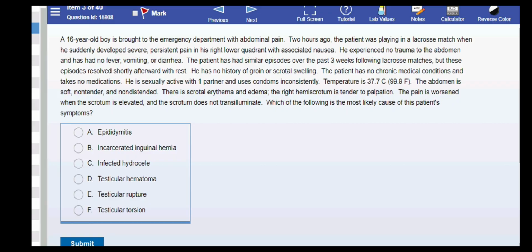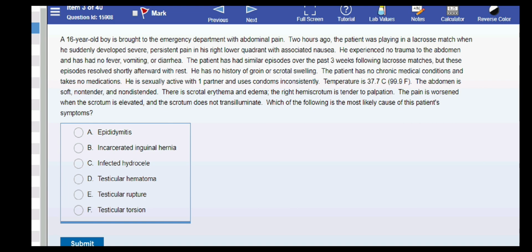Very important one, easy one, repeated one. A 16-year-old boy is brought to the emergency department with abdominal pain. Two hours ago, the patient was playing in a lacrosse match when he suddenly developed severe, persistent pain in the right lower quadrant and nausea.